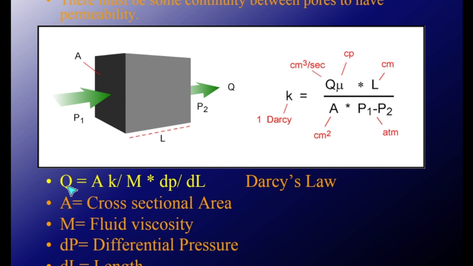So Darcy's law says what? The flow rate Q equals the cross-sectional area A multiplied by a constant, which is the permeability, divided by the fluid viscosity. We'll talk about viscosity a few slides later. Multiply with the rate of change of pressure, or what we call the pressure gradient.